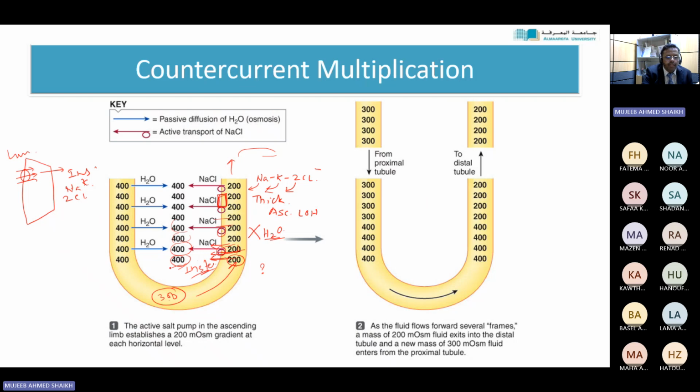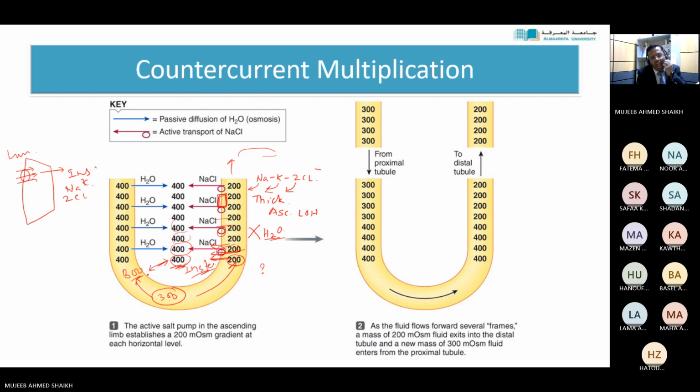Now 400 is here. And as I told you, the fluid which is coming is about 300, right? So now there is a difference. It is 400 in the interstitium and 300 in the tubule. So water will move from where to where?